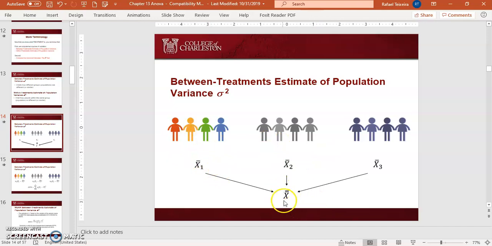And then I'm going to have an overall mean, which is the mean of these three means. I'm going to use that to see how much the groups differ. So is this group different than this group? Is this group different than this group? Is this group different than this group?